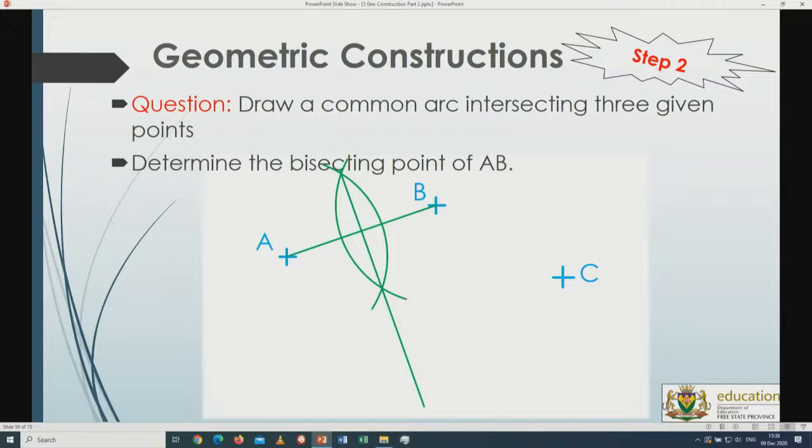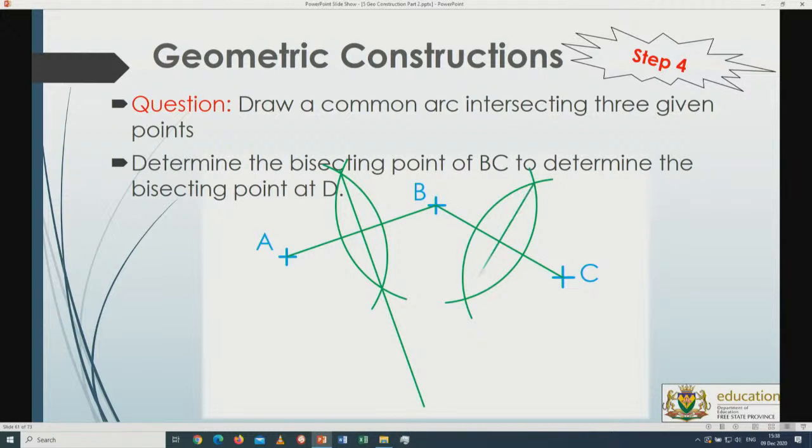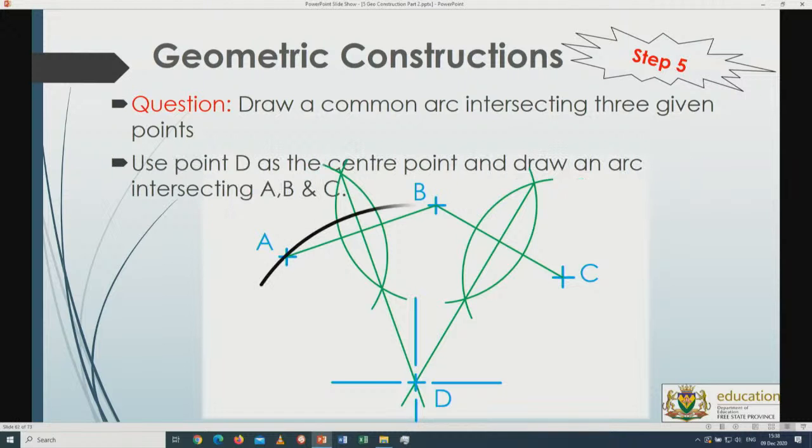Alright, join B with C, get the bisecting point of those 2 points and draw the line as well. So there we go with a common intersection point of those 2 lines. Now if I extend my compass towards A and strike the arc, it will go through B as well as through C. Alright, so that's basically a simple way.